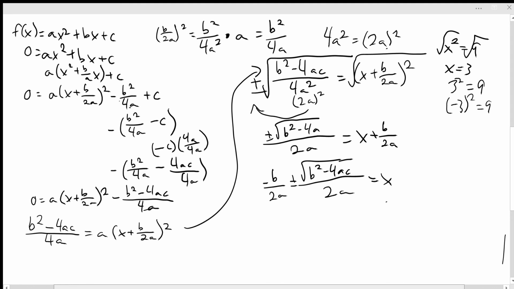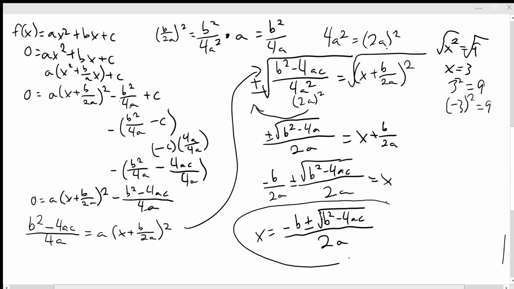And last of all, we can combine these because they're like terms, and we'll have that x equals negative b plus or minus the square root of b squared minus 4ac all over 2a. And that is the quadratic formula.